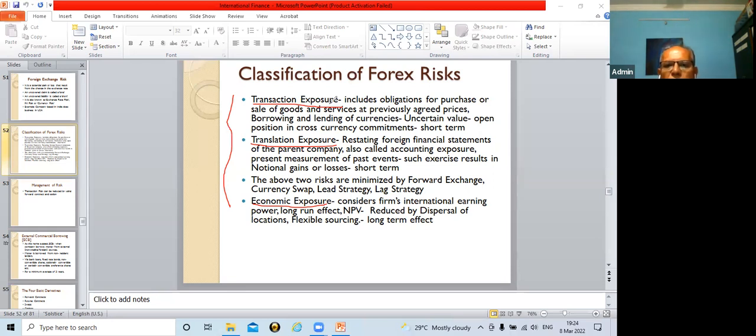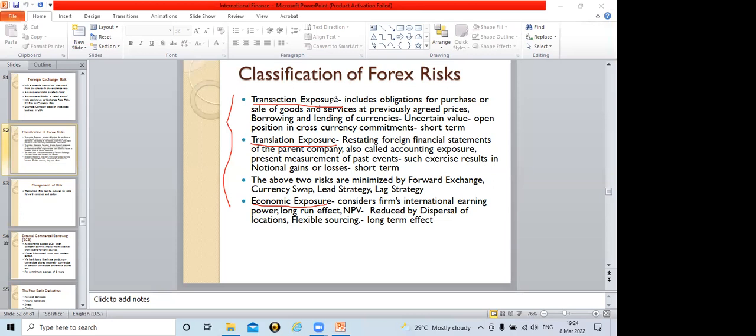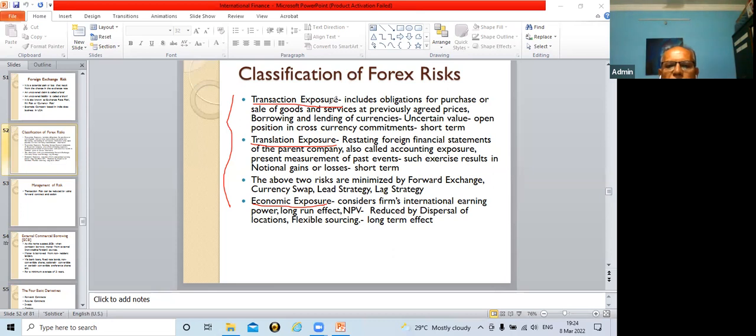One can go for swap. तुम्ही swap करू शकता, you can use this tool, swap, किंवा there is another tool, say call option. You can choose call option. Put नाही घ्यायचा, call घ्यायचा, call option, so that you can minimize this transaction exposure.